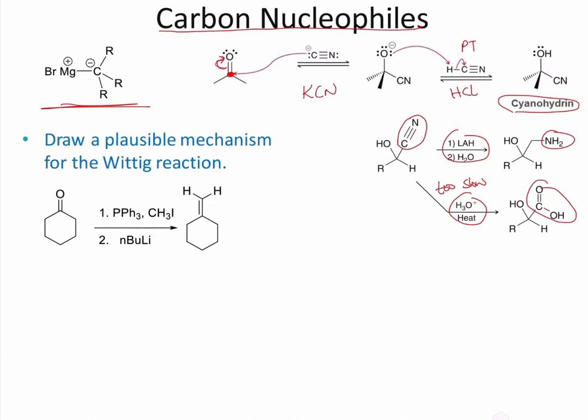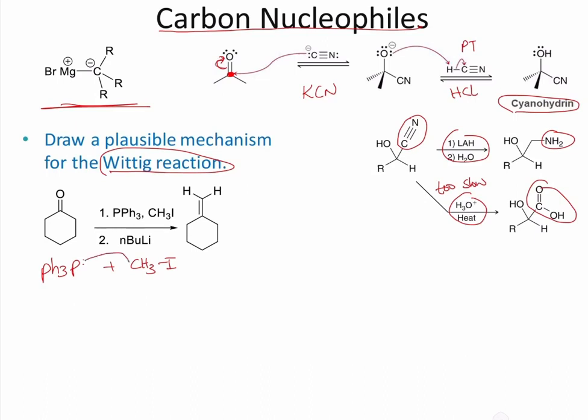Another carbon nucleophile, which we have never learned about before, is the one employed in the Wittig reaction. So this involves the use of triphenylphosphine in the presence of an alkyl halide, like in this case, methyl iodide.